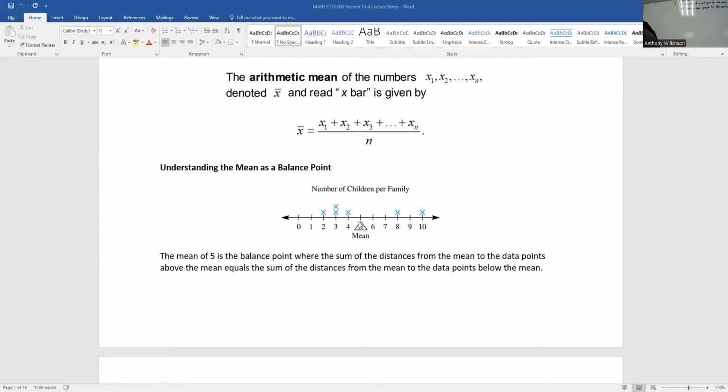So here we have points that are below the mean, 4 data values, and also the 2 data values in this case that are above the mean. So here, the mean is usually considered to be the balance point.